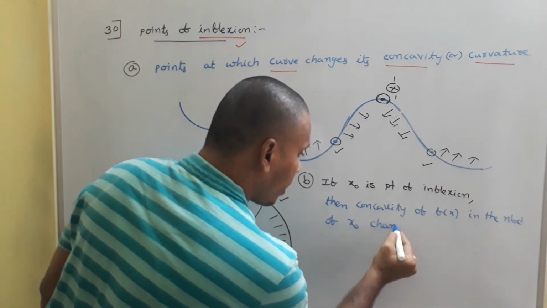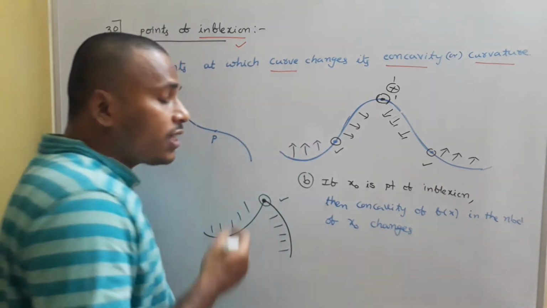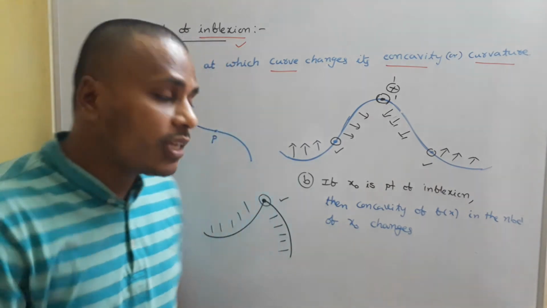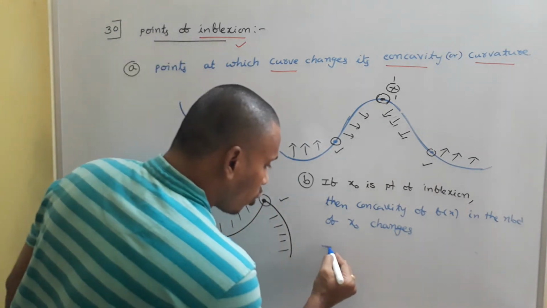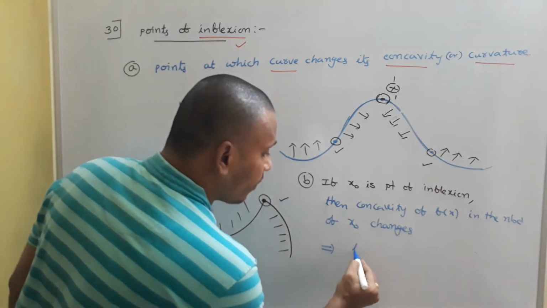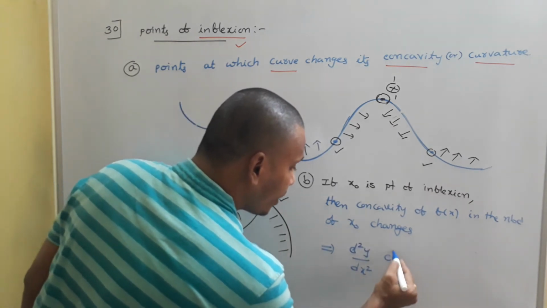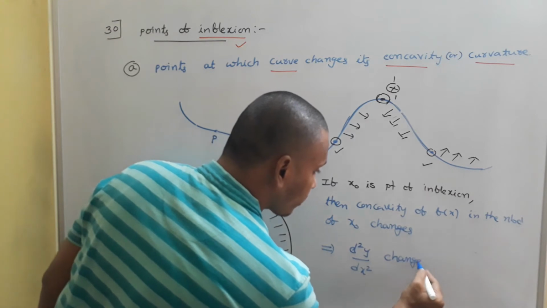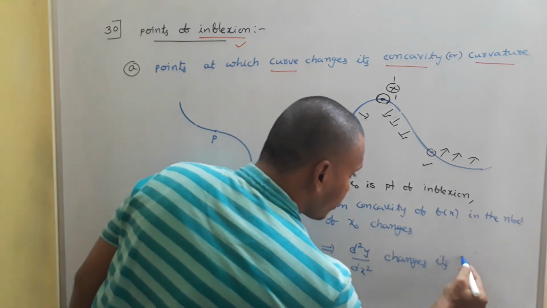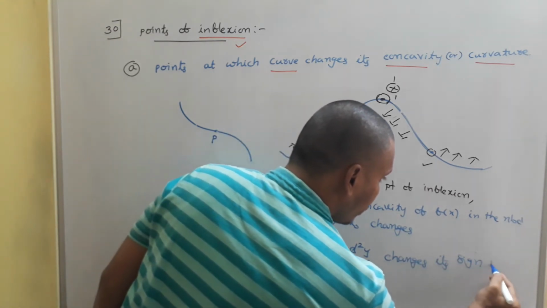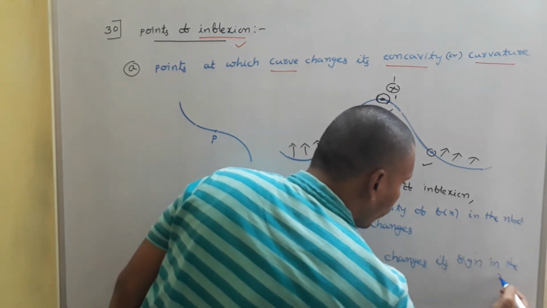Concavity is changing in the sense that the second derivative usually represents the concave nature of a graph, so that implies the second derivative, d square y by dx square, changes its sign in the neighborhood of x naught.